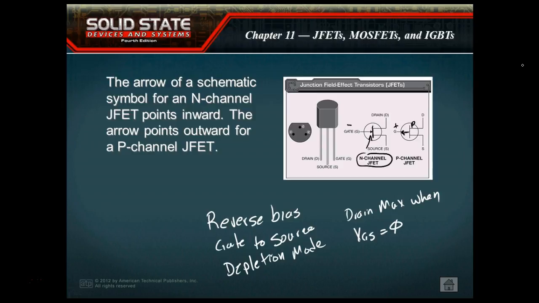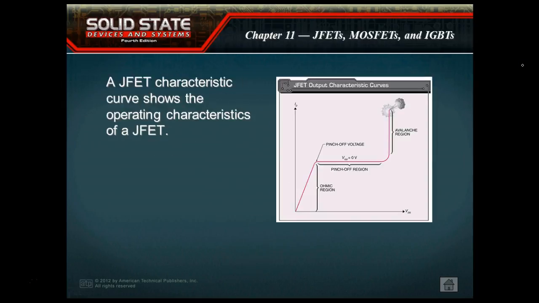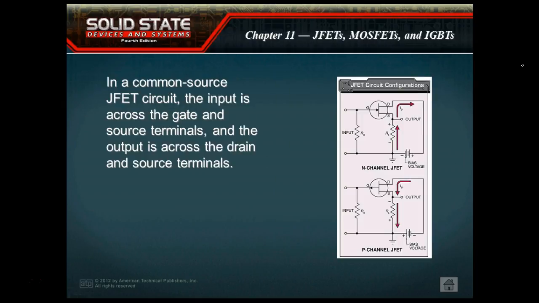So that's what we do when we operate a FET in the depletion mode. Your gate to source voltage decreases the size of the channel, or it creates a depletion region, which we talked about on P-N junctions.